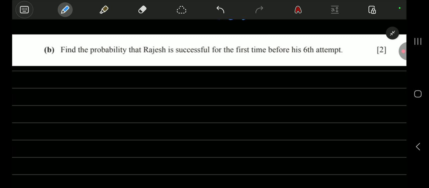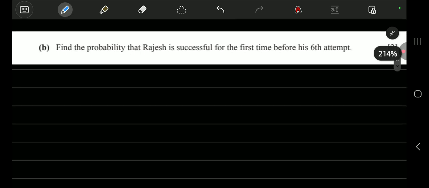We don't know on which attempt he is getting that. So how will we make the expression for it? The probability for x is less than 6, because he is getting success in fewer than 6 attempts, meaning less than r. This is how we represent it.